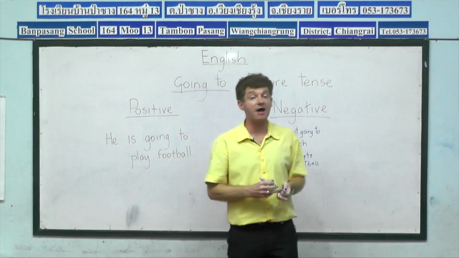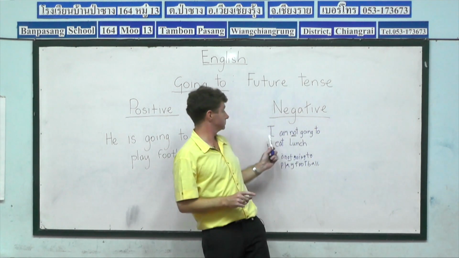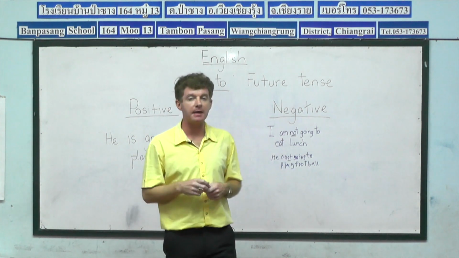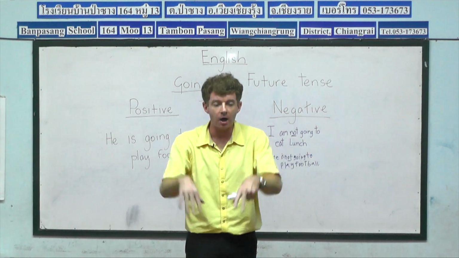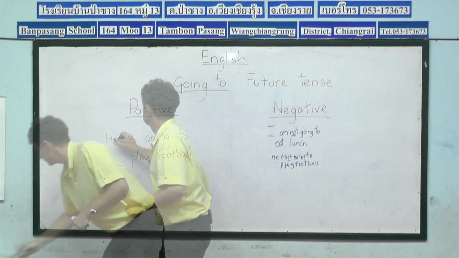So far we've practiced two forms of verb to be. I am, he is, and there's one more that remains. So students, let's close our eyes again. We'll practice one more round with a different verb to be.